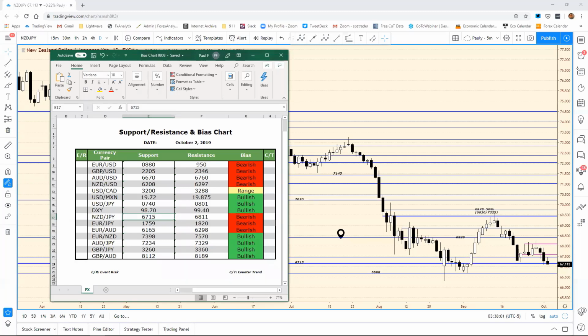But the cable's at 22.63. Anyway, let's move on here with the Kiwi yen.